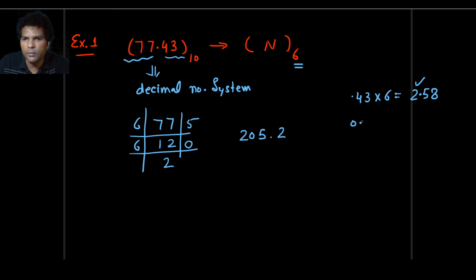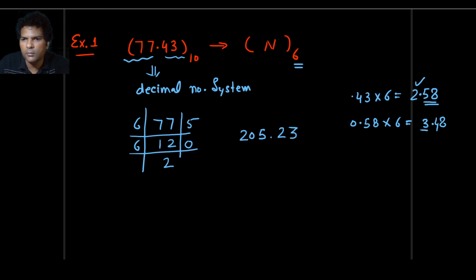Now again 0.58, multiply by 6, so 6 eights are 48, and 30 plus 4 is 34, so 3.48. Again you put here 3.